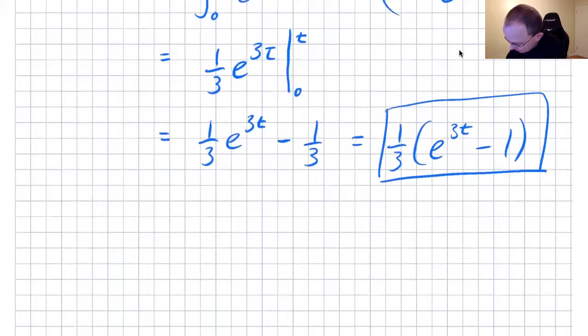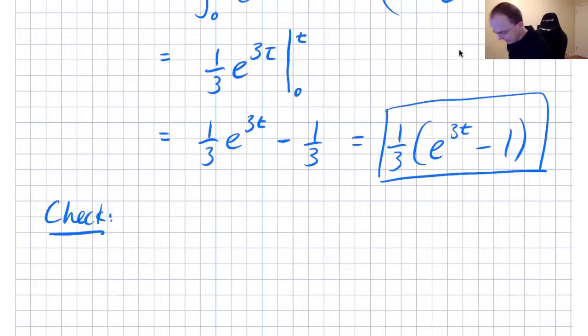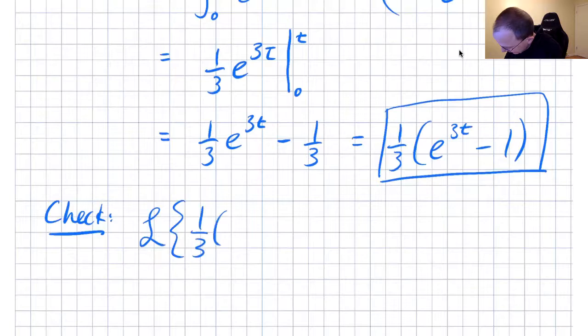Okay, so now let's check. Let's just check this because we can compute the Laplace transform of that pretty easily. So what is the Laplace transform of 1/3 e to the 3t minus 1?